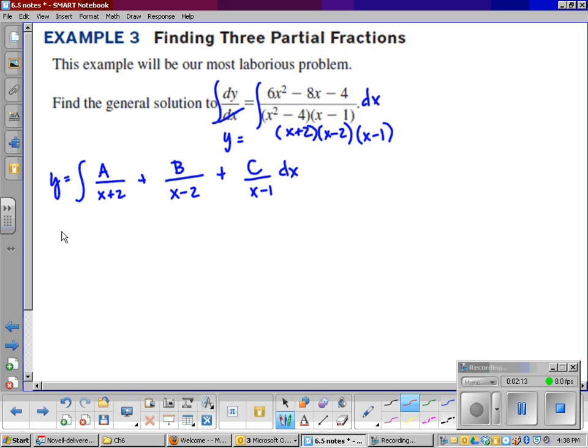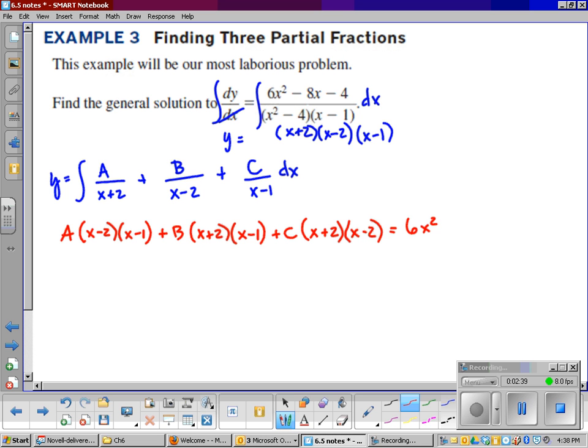So we have a times x minus 2 times x minus 1, and then plus b times x plus 2 times x minus 1, and then plus c times x plus 2 times x minus 2. All of those things added together have to equal the original numerator right there, 6x squared minus 8x minus 4.